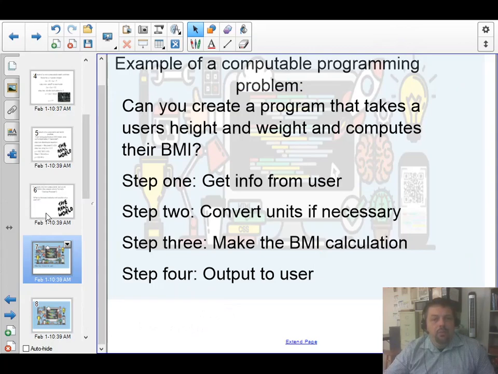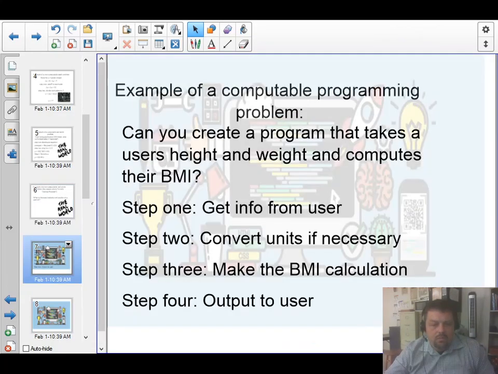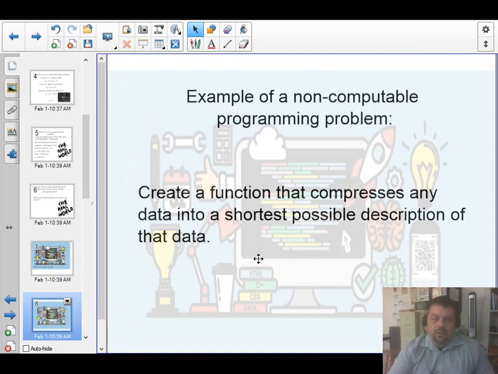Now, non-computable problems are a little more difficult. Okay, so here's an example of a non-computable programming problem. So create a function that compresses any kind of data into the shortest possible description of that data. So there's no way to do this in a step-by-step process.